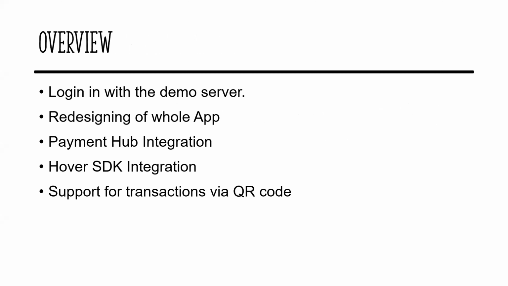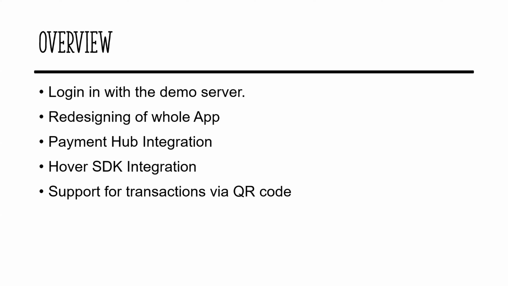These basically included, there was earlier a navigation bar. Now I have implemented a bottom navigation bar and added many more options. I have also integrated the payment hub e-dev environment in this, so we are now able to make transactions. And next I also implemented an SDK.